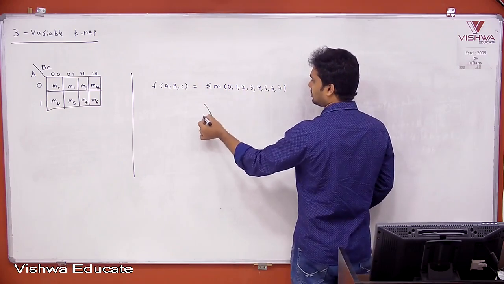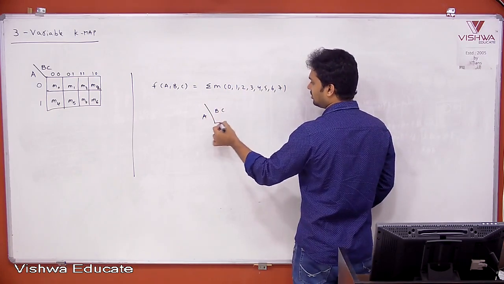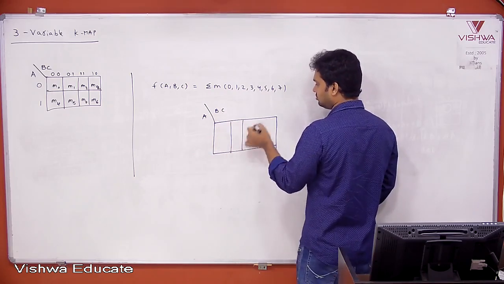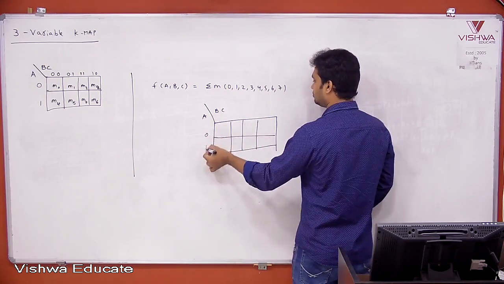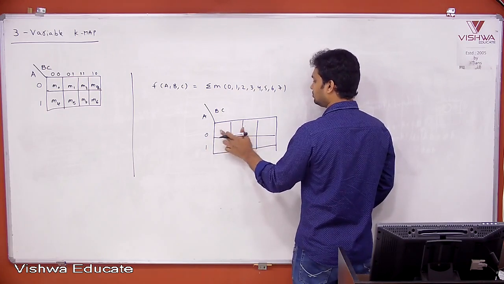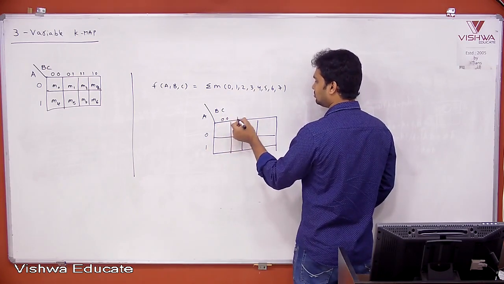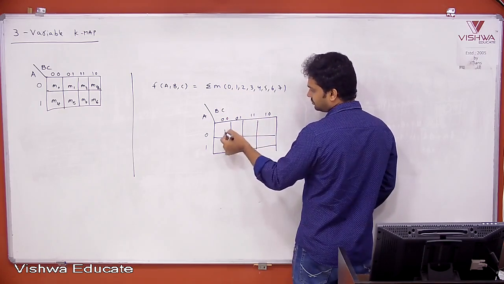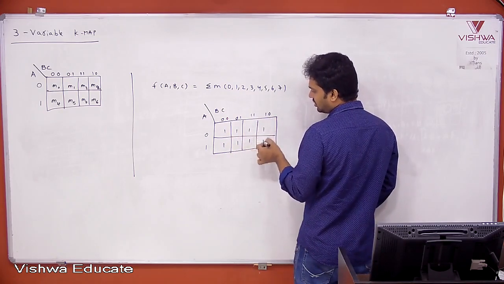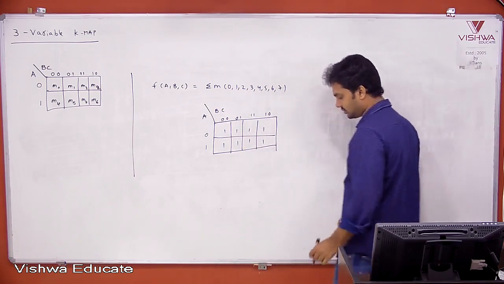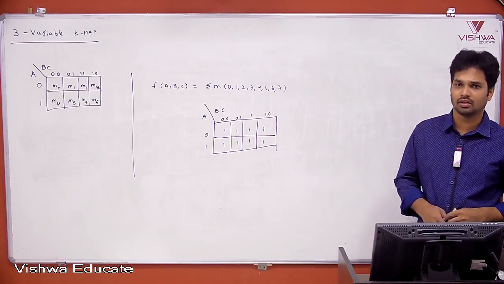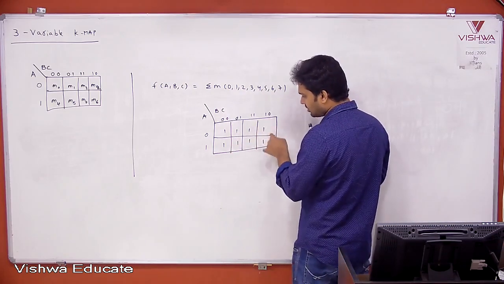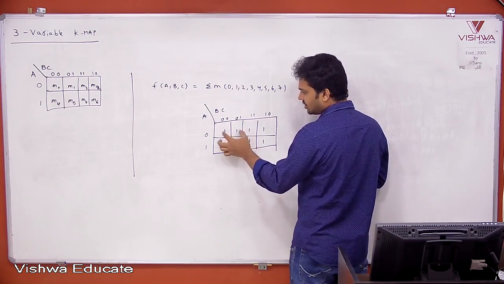So what is this? If you take A, B, C, sum of 0, 1, 2, 3, 4, 5, 6, 7. Please remember, you may have the doubt, sir, can I take, firstly, if you take two quads here, this has one quad and this is one quad, what is the answer?